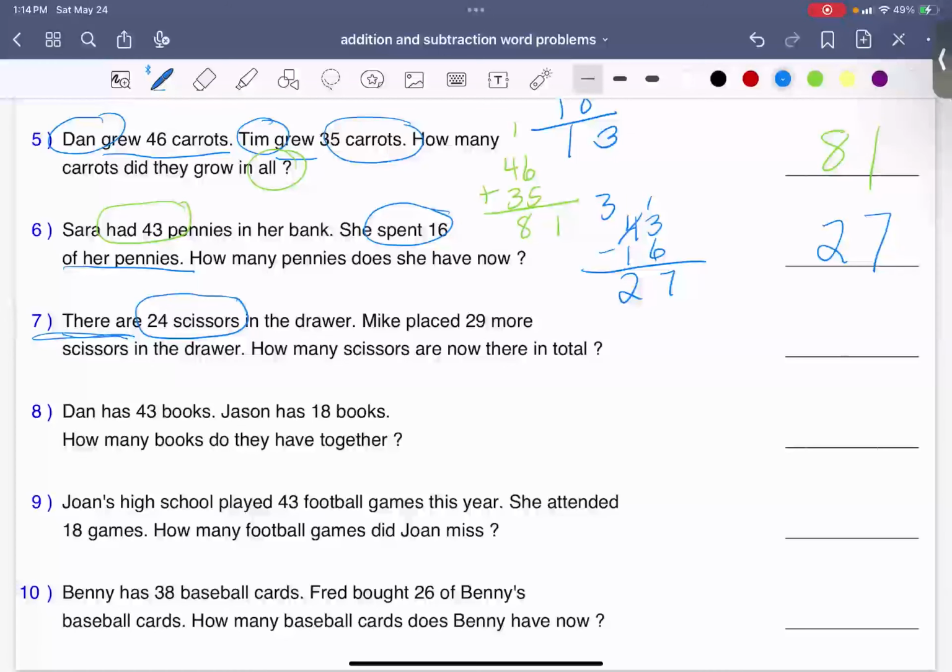Mike placed 29 more. So it's now going to be having more scissors in the drawer. How many scissors are now there in total? So we see that word total. That tells us that we have to add. So 24 plus 29, so we have 53.